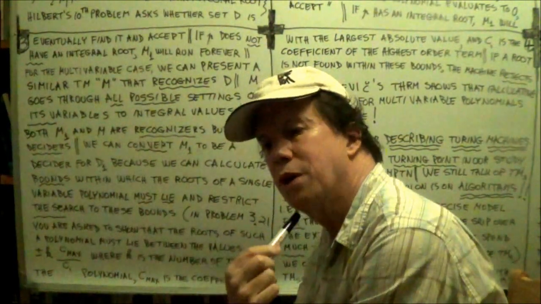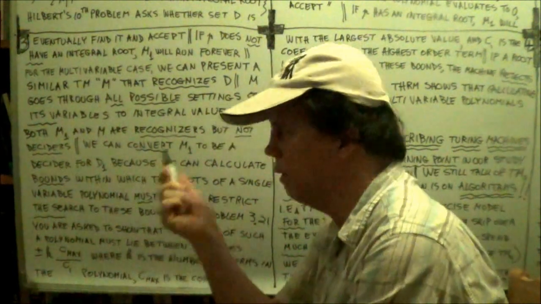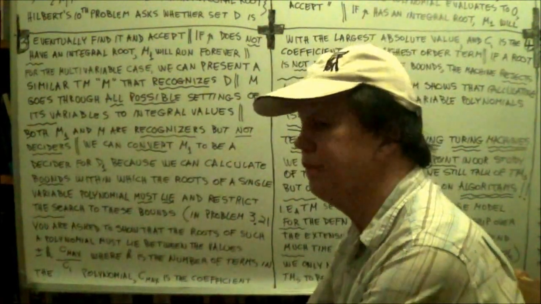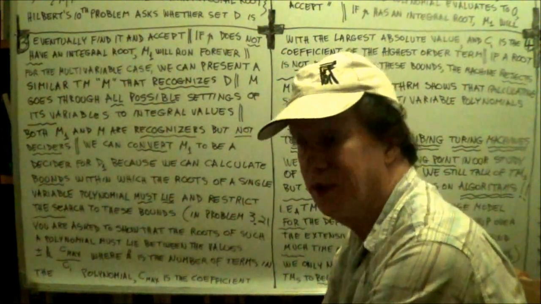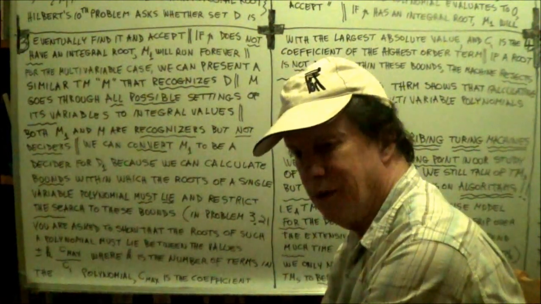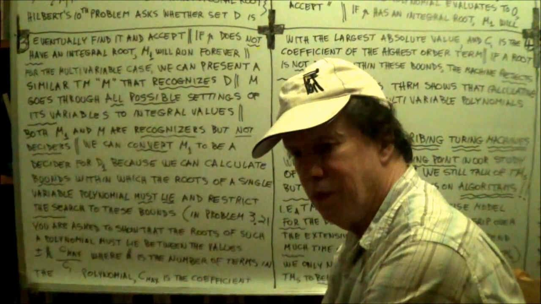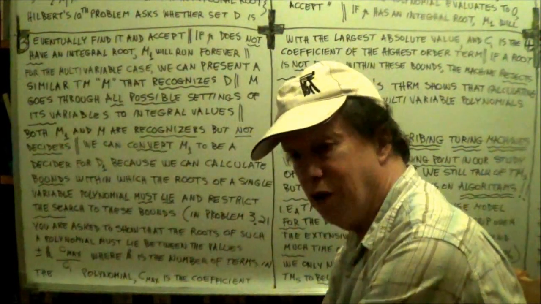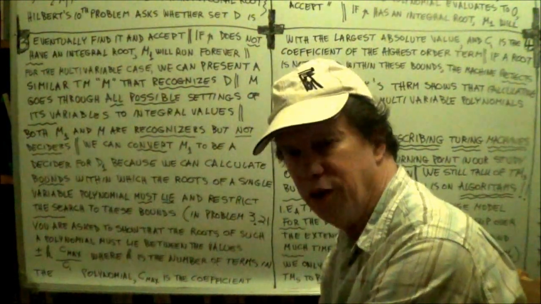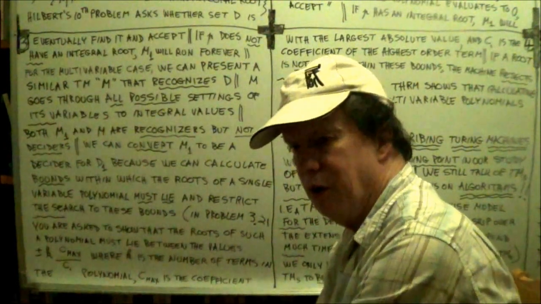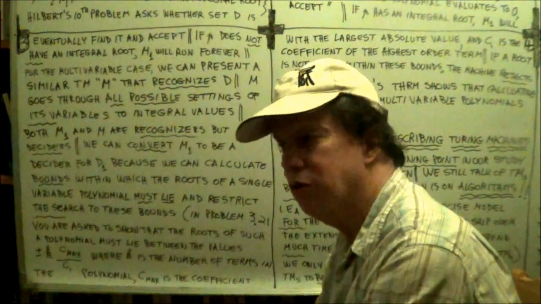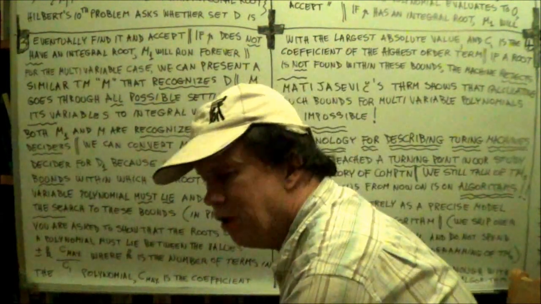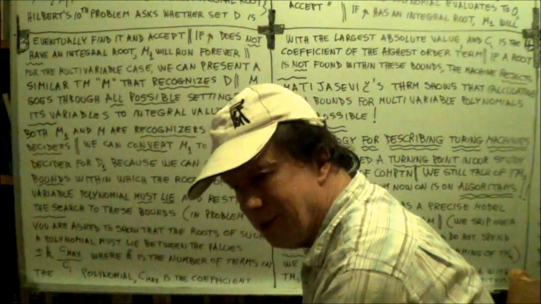It's possible to convert, in the case of M1, the algorithm, the Turing machine that recognizes the language of one variable polynomials that have integral roots, you can convert that into a decider.